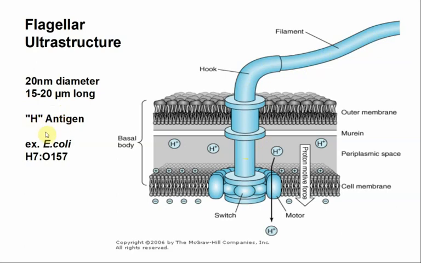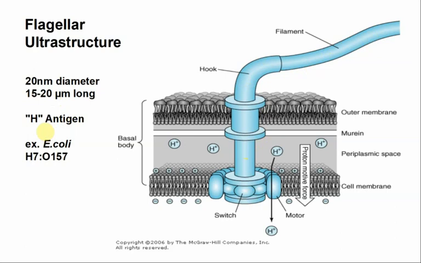H means heat sensitive, because they're made of protein, so they are denatured by heat. That's not true for LPS, the O antigens, and the capsule K antigens, which both resist heat. So H is the heat sensitive antigen, the filament proteins.